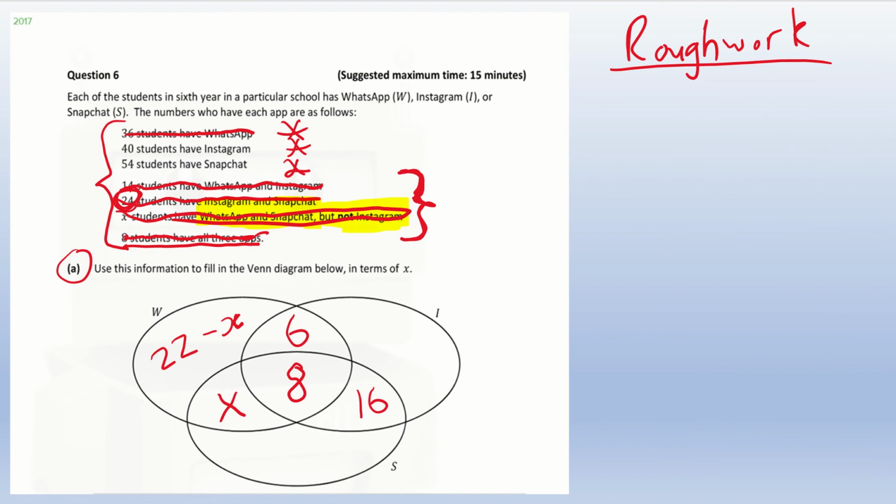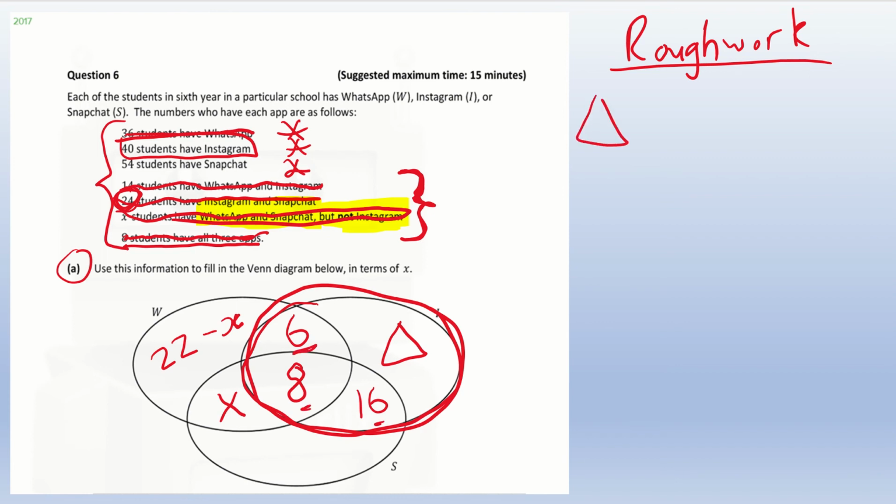Okay, now we're going to look at the 40 students that have Instagram, and this one is a small bit easier than the last one, because in my Instagram set I don't have the x to deal with. The x is outside the Instagram set. So I'm going to use a triangle, and my triangle plus my 6 plus my 8 plus my 16 should equal 40. So that's triangle plus 6 plus 8 plus 16 is equal to 40.